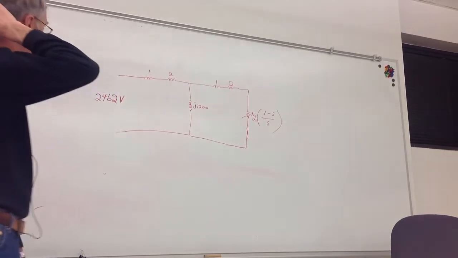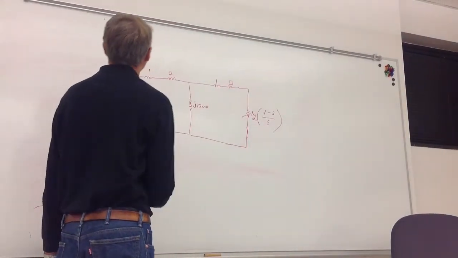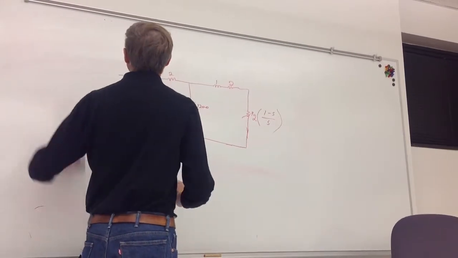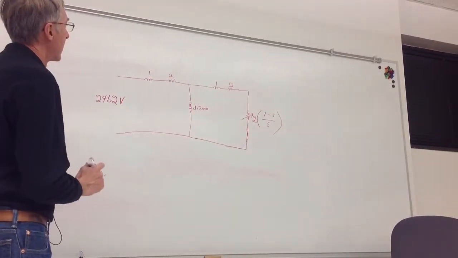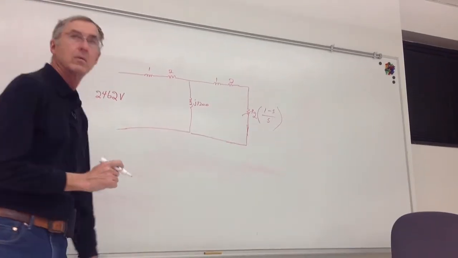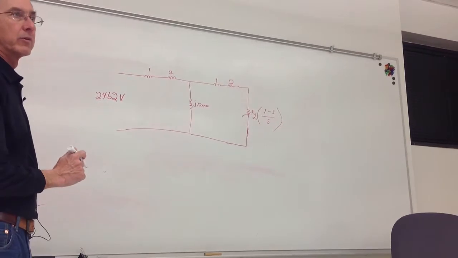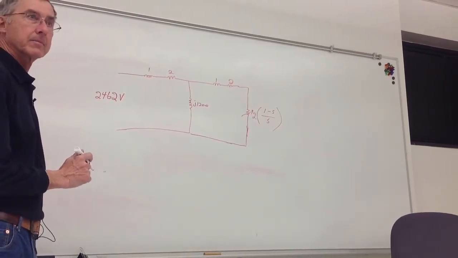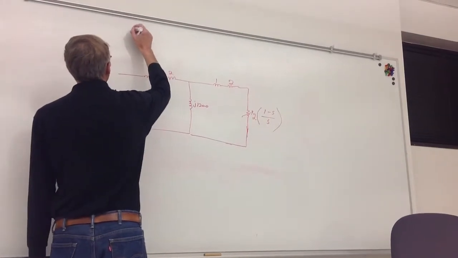Okay, so what speed do you want to make this run at? 3600 RPM synchronous speed, and it runs at 3400.